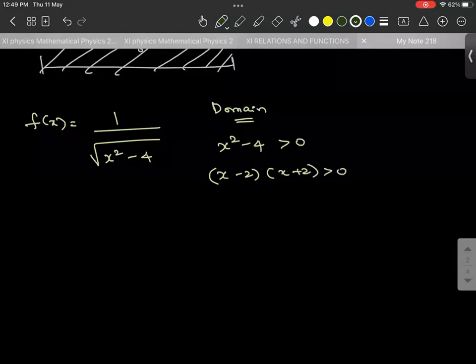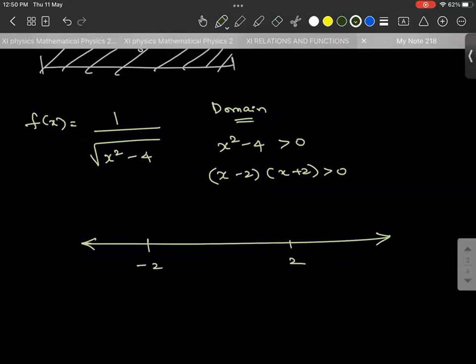After you get the inequality, all that you have to do is first draw the number line and take the endpoints. What are the endpoints? Minus 2 and 2. That's right. If you substitute a value less than minus 2, let's say minus 3, you get a positive number.